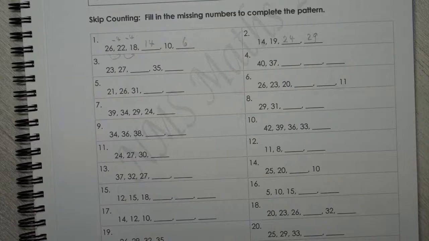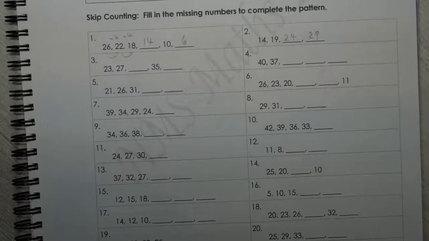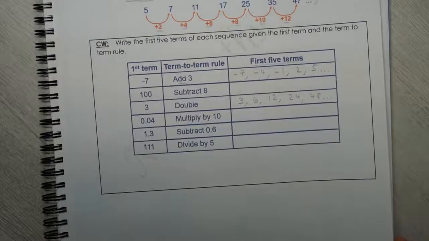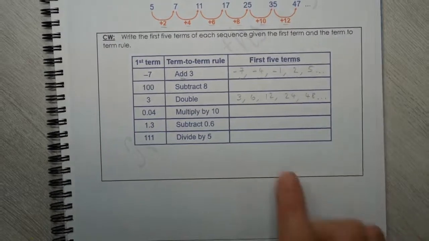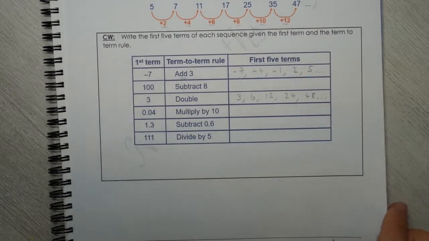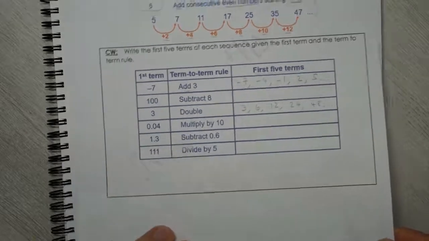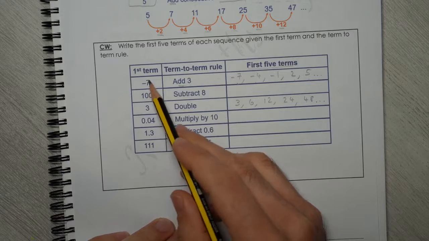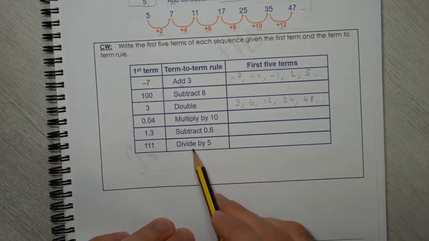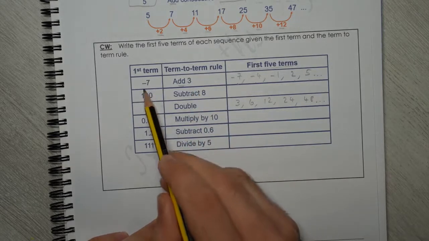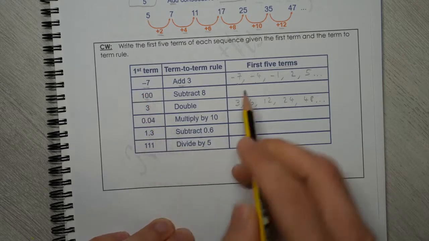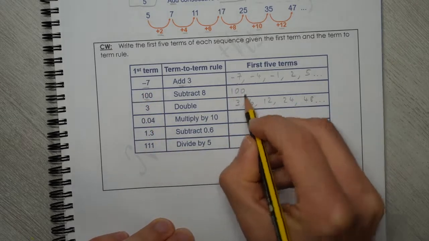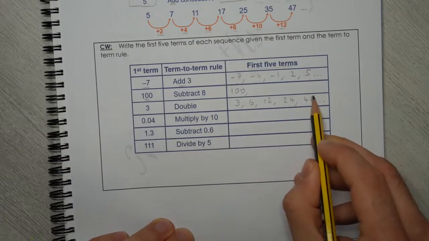So today's homework is to try out this exercise from page 4. You are given the first term and the rule. So always start from minus 7. Here you're going to start from 100 and then subtract 8 each time.